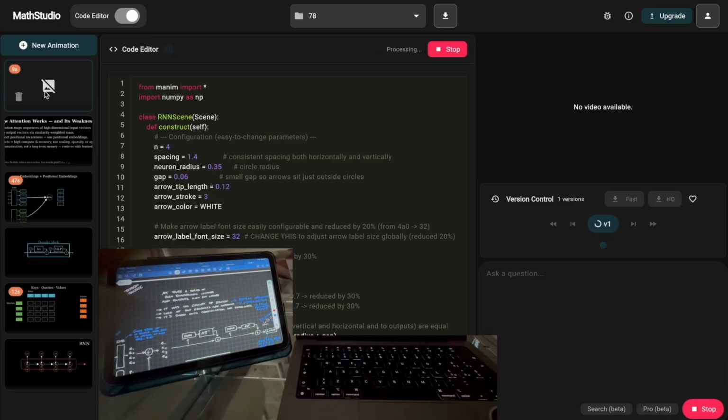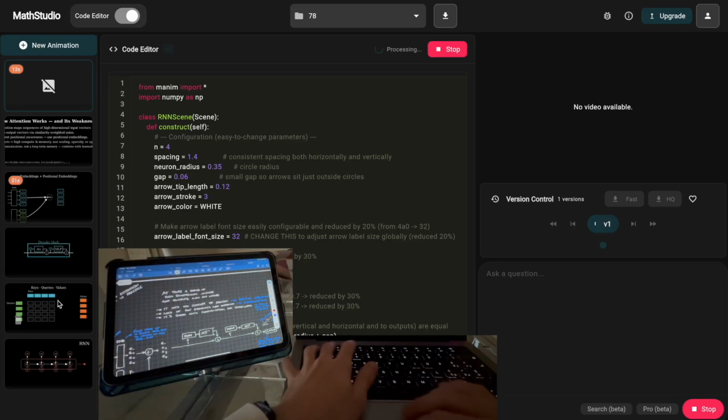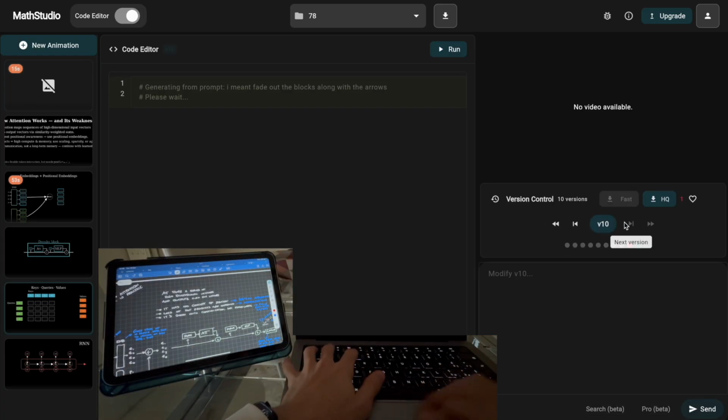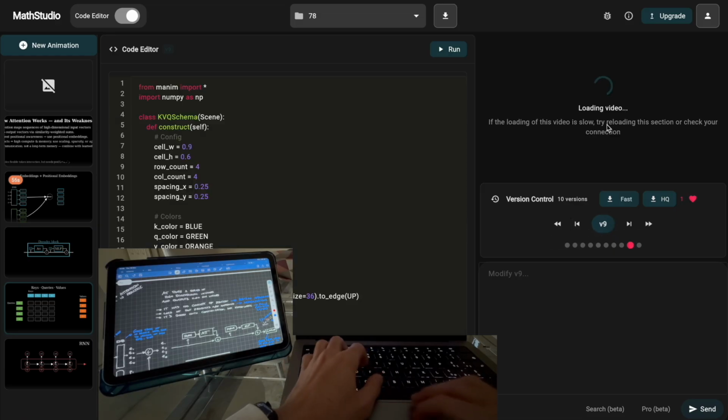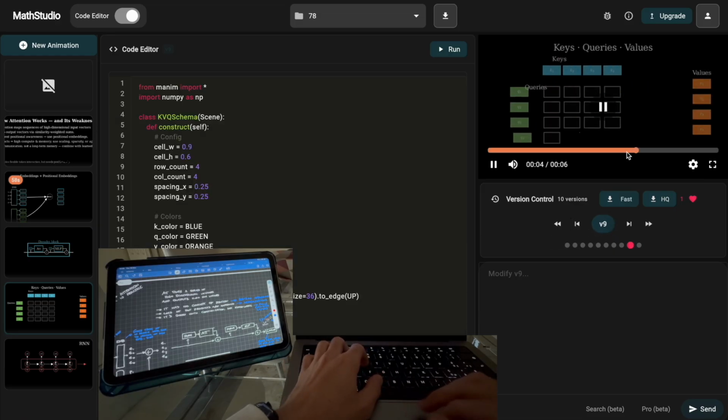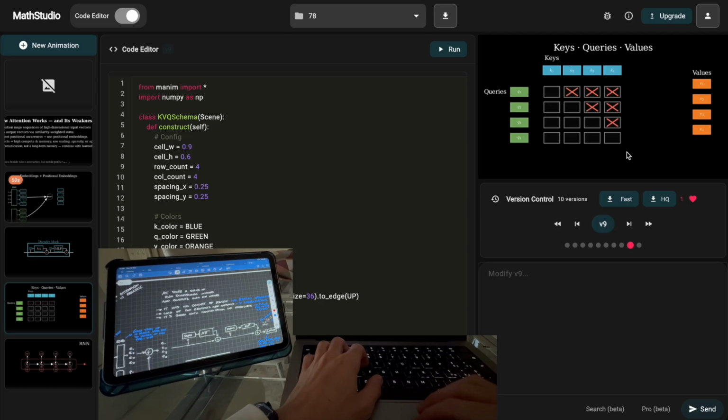Scrap. Sometimes you just have to start over. It writes some code that is absolutely unusable, and you have to start over. Okay, this is fine.